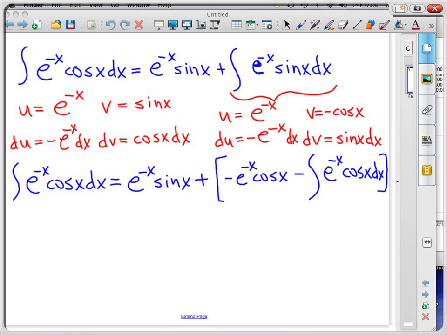So I'm in luck now, because as you can see, this is exactly the same integral as that, which I can then add over here, giving me 2 of those.